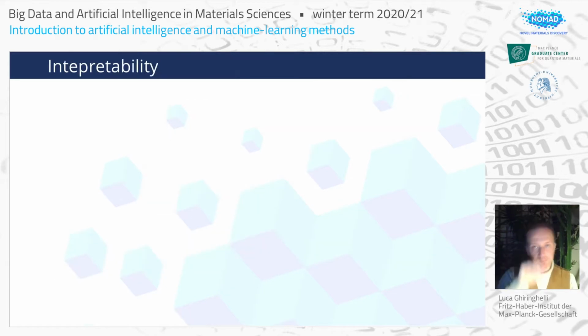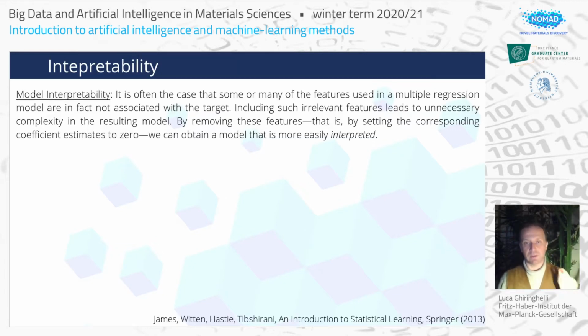Okay, before I close the lecture, I have one word on interpretability, and I use what in the book of Tibshirani and co-authors is used to not really define but hint at interpretability. I put this here at the end as a kind of discussion point because I have the feeling that sometimes there is some overreaction when the word interpretability is heard in the community, especially in the physics community.